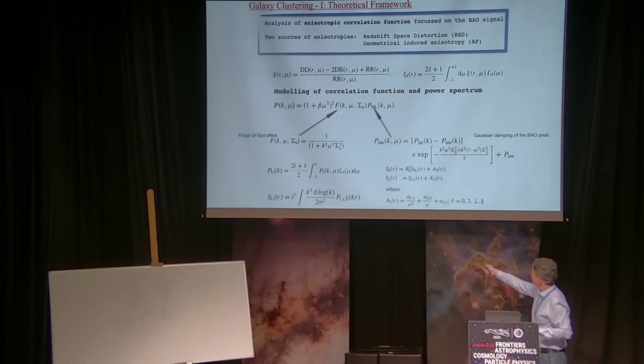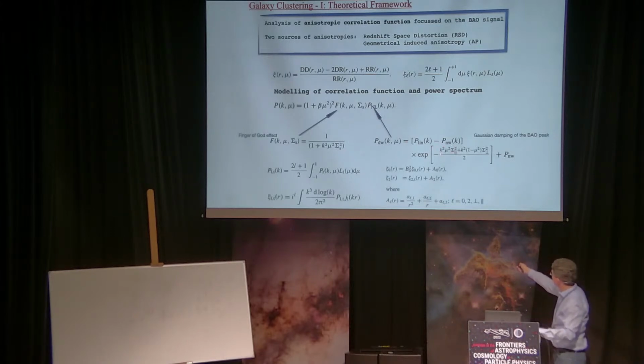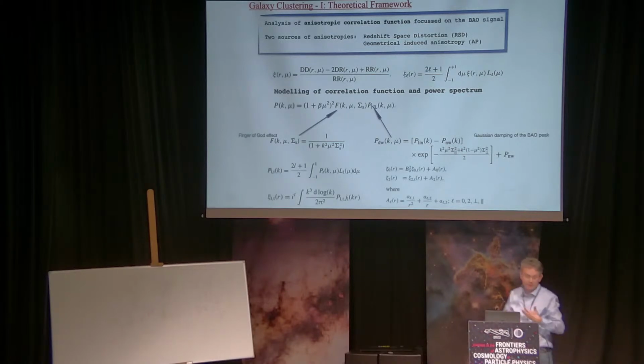And here you smooth it at the finger of God scale, very small. But here you smooth the Gaussian damping of the BAO because the shape of the BAO will be damped in two different ways across and along the line of sight with these sigma terms. And so this gets modified, right? And so you want to calibrate this sigma with simulations, but eventually the data themselves, if you are interested in the shape, will tell you what these numbers are, of course.